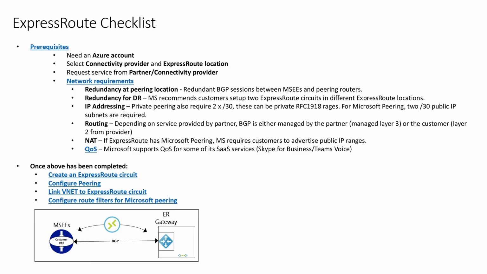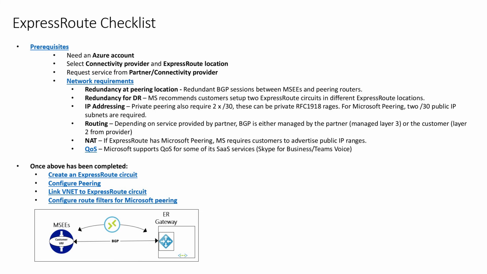So now let's talk about the ExpressRoute checklist. Okay. So there are certain design considerations that you need to plan well, such as your connectivity provider, ER location, regions, and many more, right? So these are the areas that you need to focus on. From the network standpoint, you need to ensure the required redundancy is available at a peering location, okay?